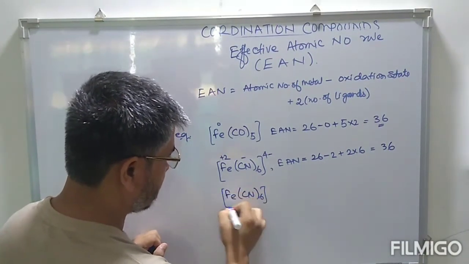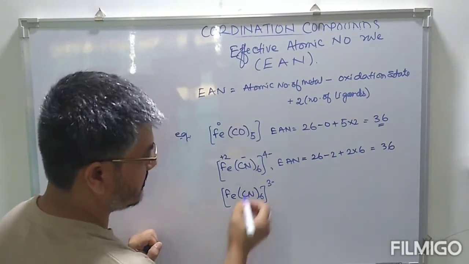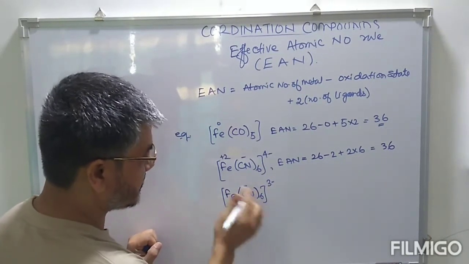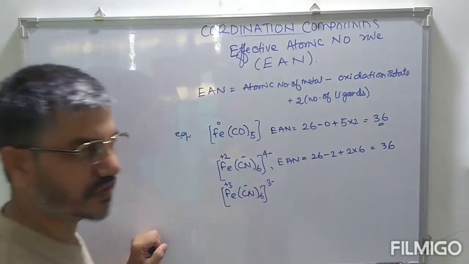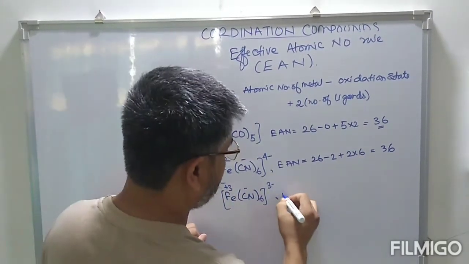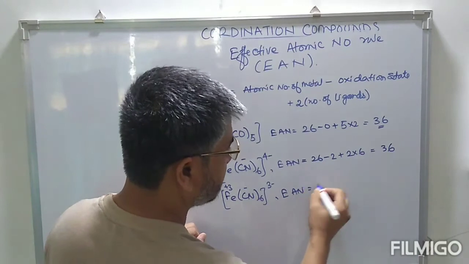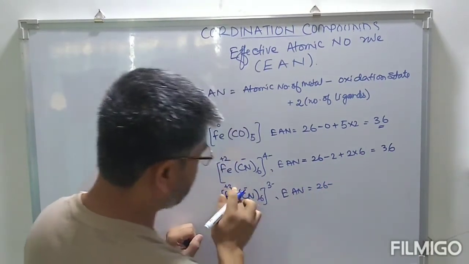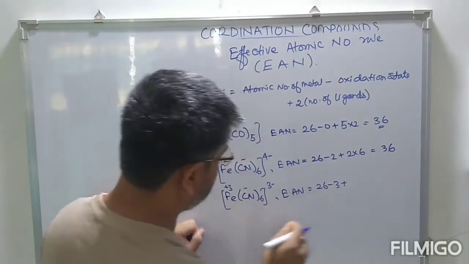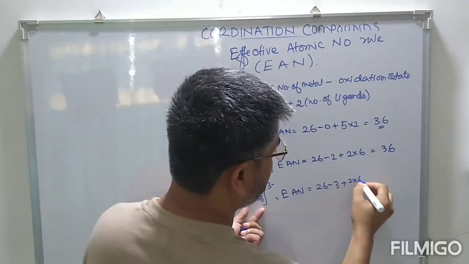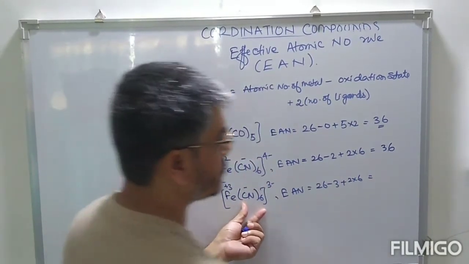Fe(CN)6 3 minus. This is total negative charge is 6, so total positive charge will be plus 3. Effective atomic number: 26 minus oxidation state 3 plus electrons coming from ligand, 2 into 6. So this comes out to be 34.